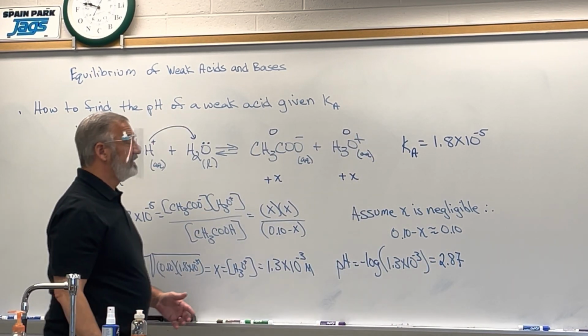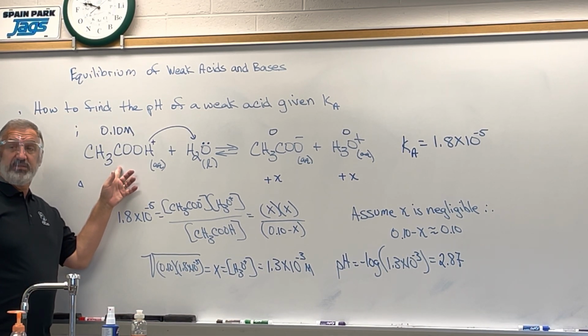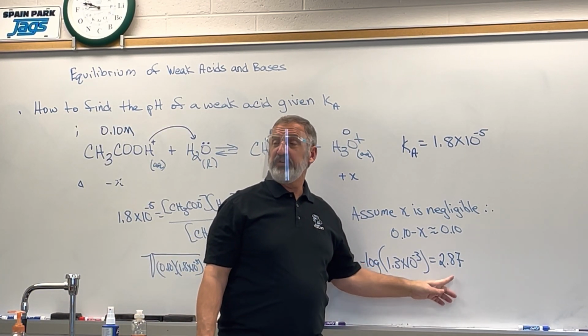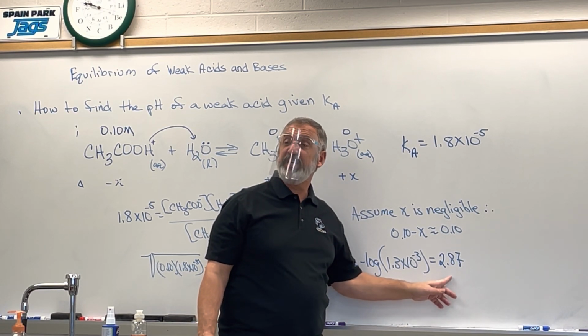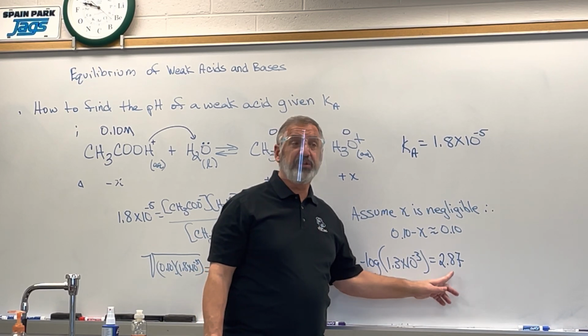So notice that for 0.1 HCl, the pH was 1. This one is 2.87. So it's almost 100 times weaker than HCl, because we're almost at 3.